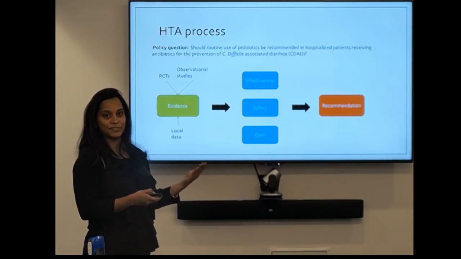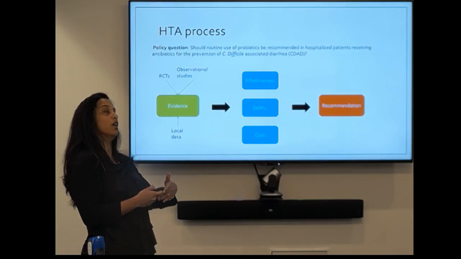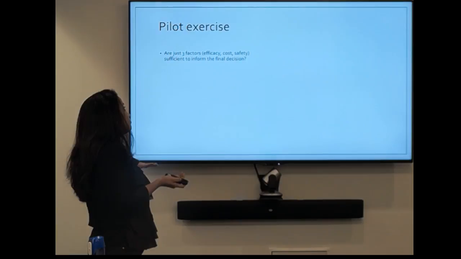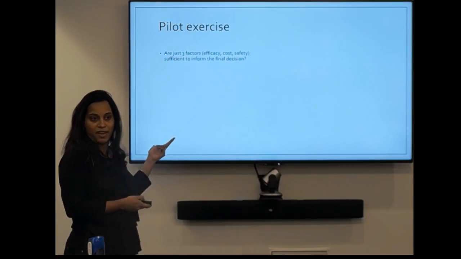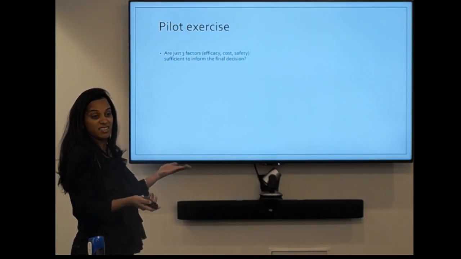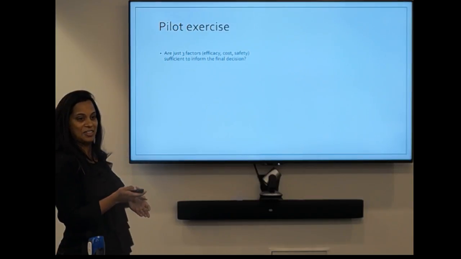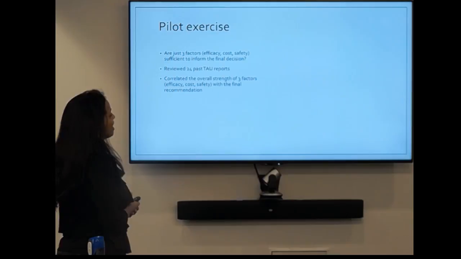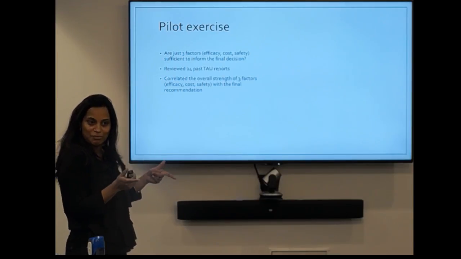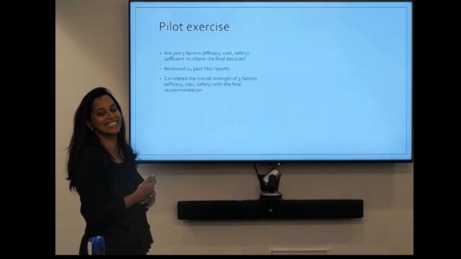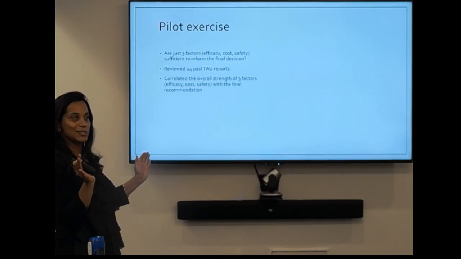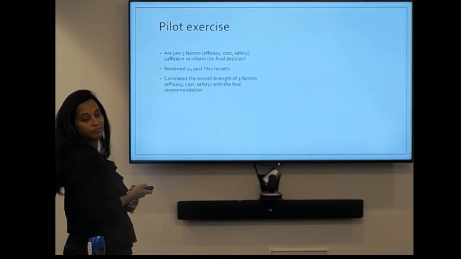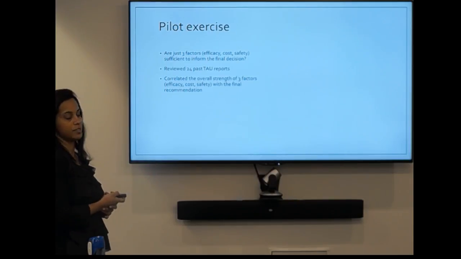So before we dived into collecting all of the criteria, we did this little experiment to understand whether those three factors, efficacy, cost, and safety, are really just sufficient to inform your final decision. Now you said effectiveness before, not efficacy. Okay, I'm using it interchangeably, but fine, let's go with effectiveness because often we don't have RCTs to inform us of a decision.